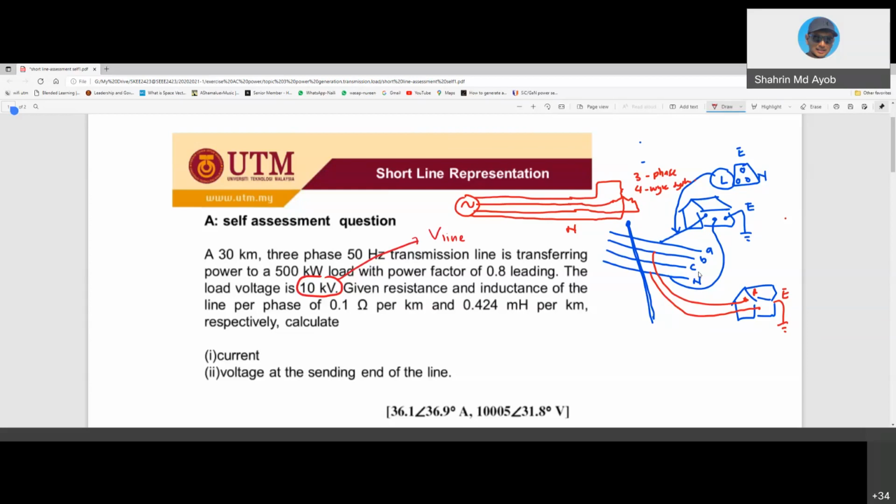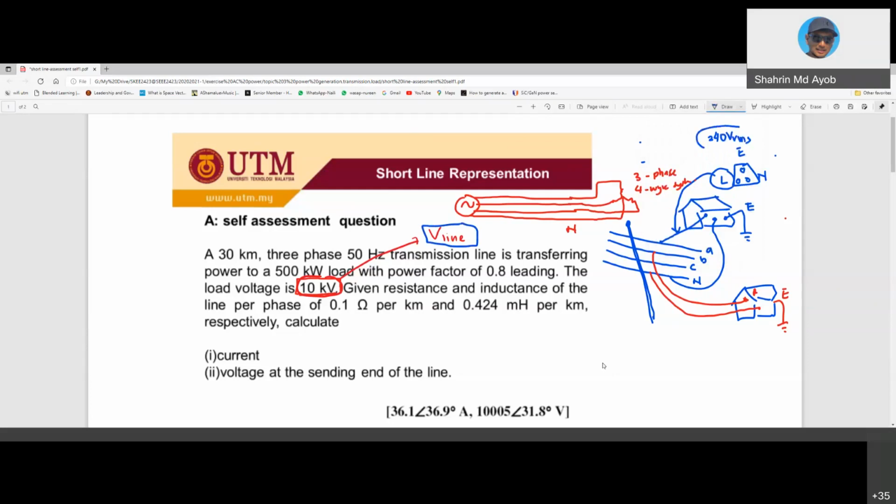For all the examples inside our notes here, as I have already explained in the pre-recorded videos, the voltage is usually referred to as V line. It is not V phase, it is V line. Same with our power socket, which is 240 volt RMS.